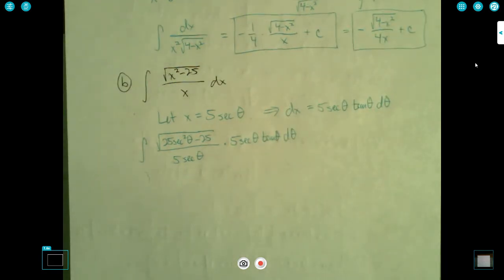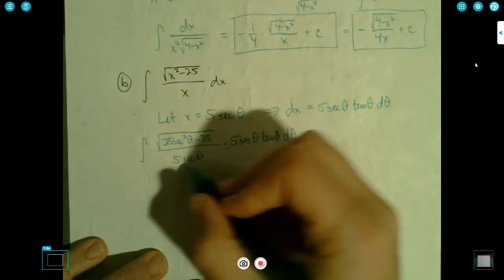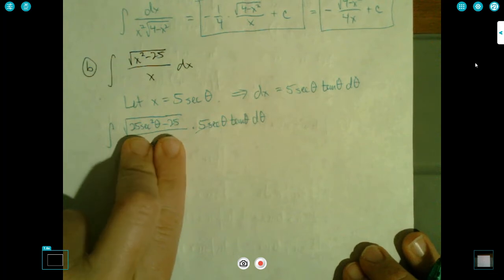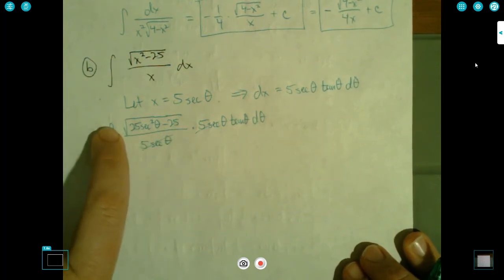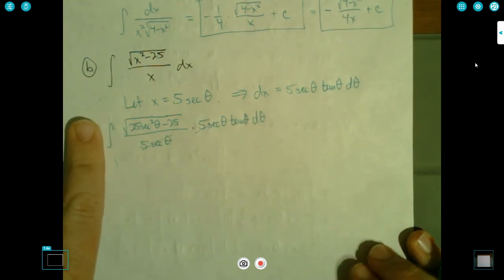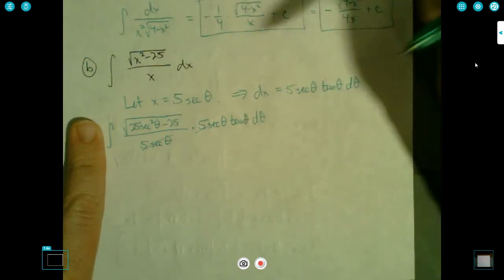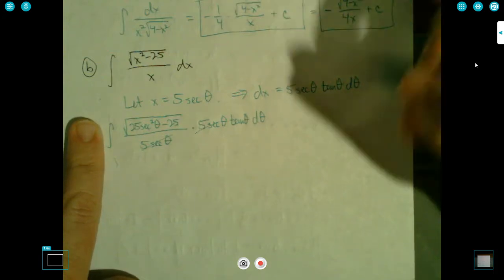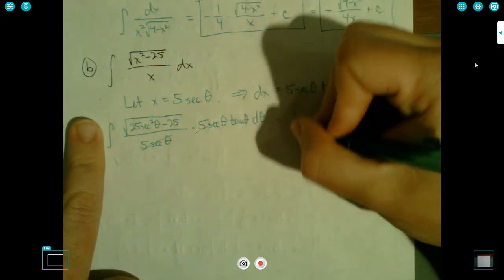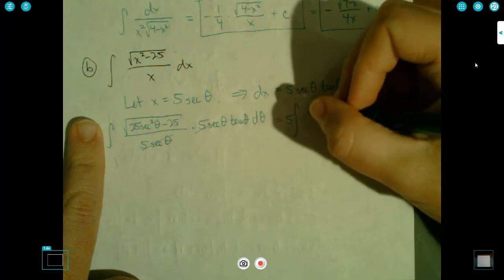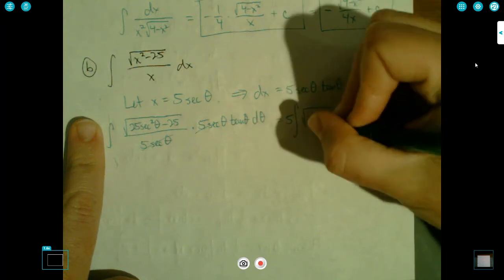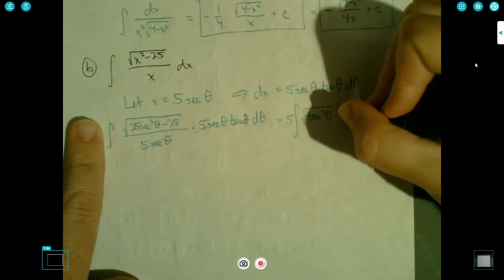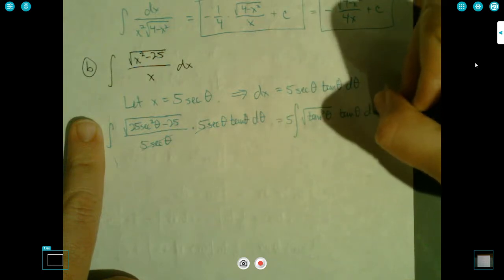Okay, so already, you see that those things will cancel at least. Also, you can factor out a 25. Square root of 25 is 5, so you can just completely remove that from the integral. You'll have secant squared minus 1. Well, secant squared minus 1 is the same as tangent squared. So this is 5 times the square root of tangent squared theta times tangent theta d theta.